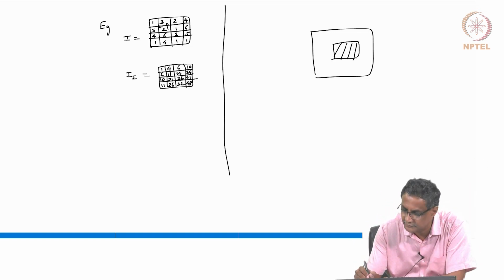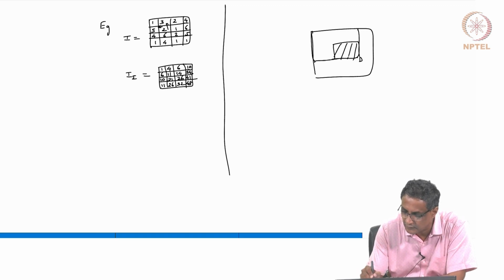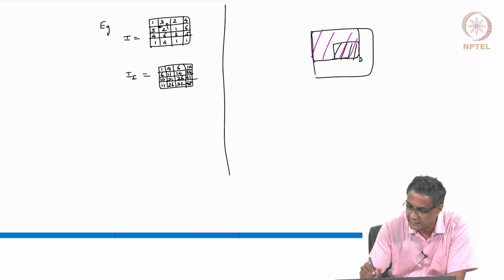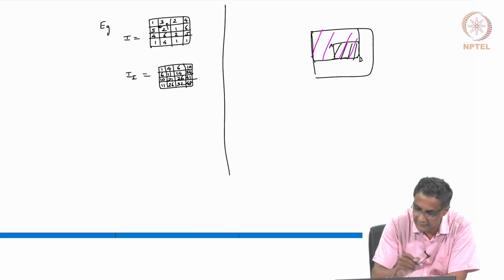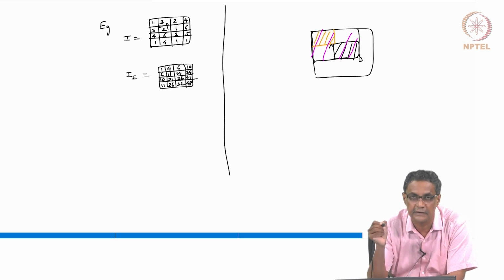For example, if this is my point D, then the area that I have computed when I am at D is all of this. Whereas if I say that my point is A, then the area that I have covered will be something like this.